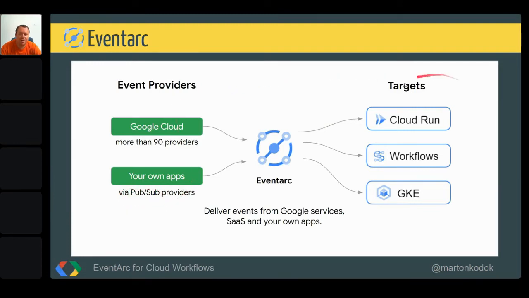Good. On the right side, we have targets. Currently, we can name 3 targets, but they are constantly adding new. I could have Cloud Functions as a target itself. So you could have Cloud Run, Workflows or GKE to run any targets. But with Workflows, you can further add whatever target you want.